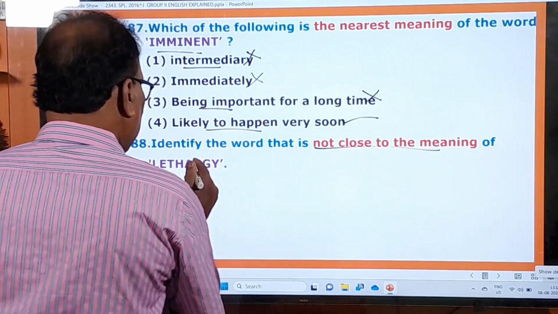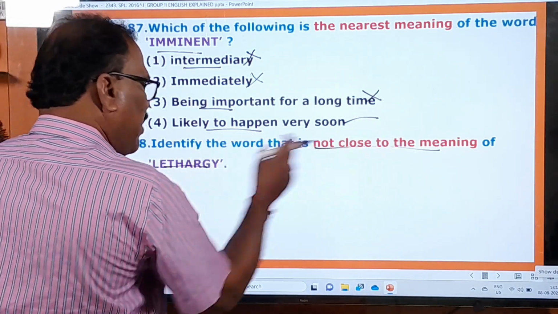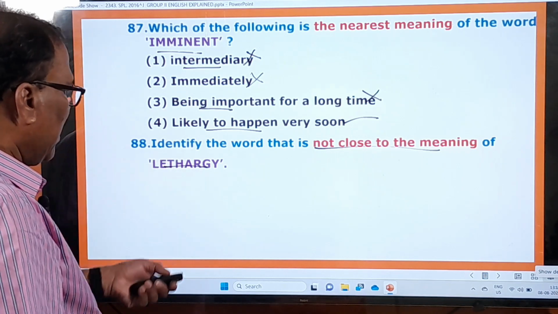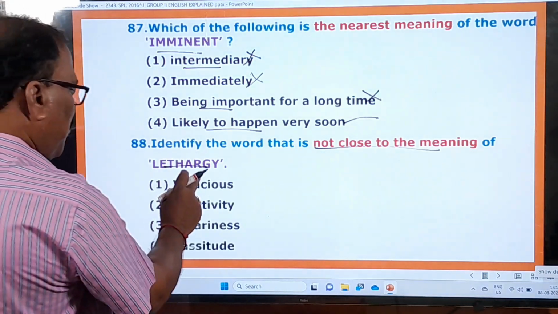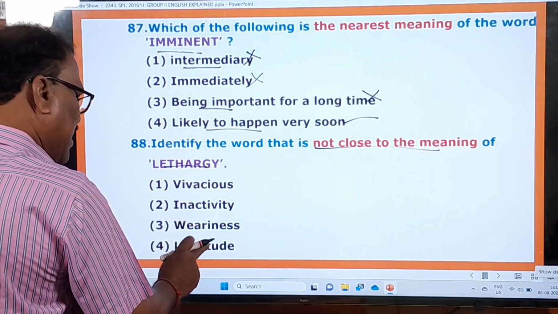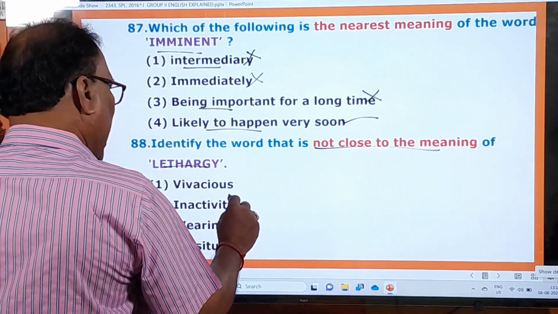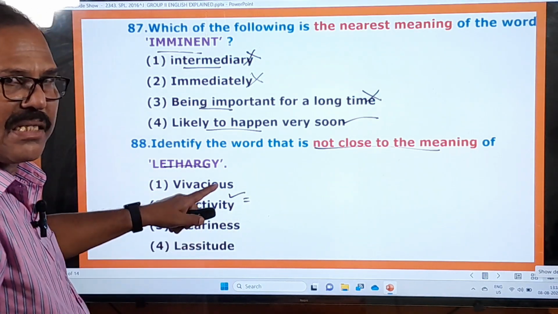So here, let us see. Lethargy is there. What is not close to the meaning means, what is the opposite of this word? Let us see the options. Four options are given: vivacious, inactivity, weariness, lassitude. Inactivity means idleness.